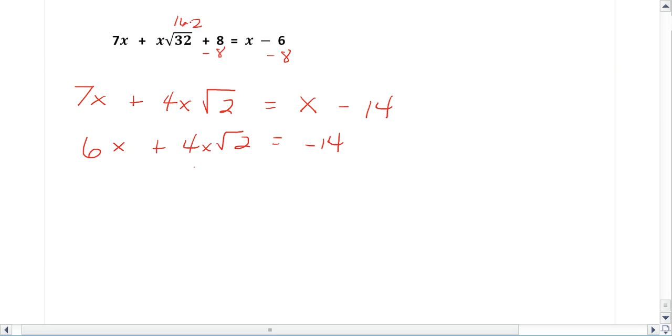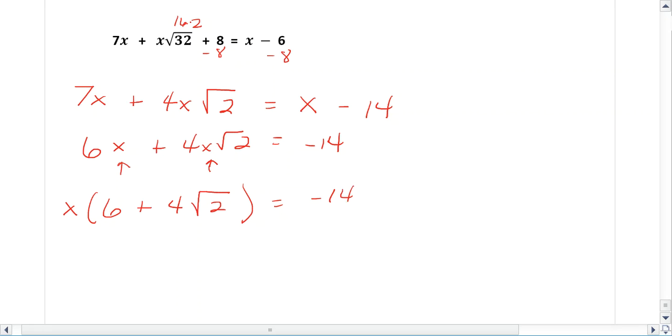So now this is where we have to remember an algebra skill. If both of these terms have an x in them and I want to solve for x, I need to kind of GCF it out or factor it out, pull it out in front, because that's how I'm going to isolate it. So this is an algebra skill. You're going to have this ready to go, and we're going to use this a lot, especially when we get into trig identities.